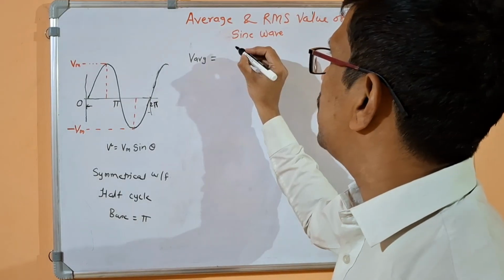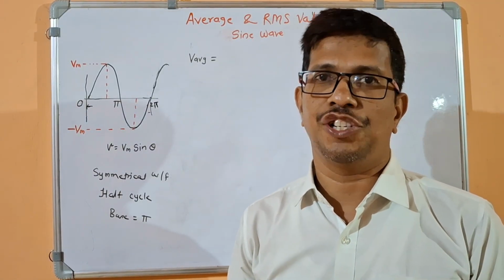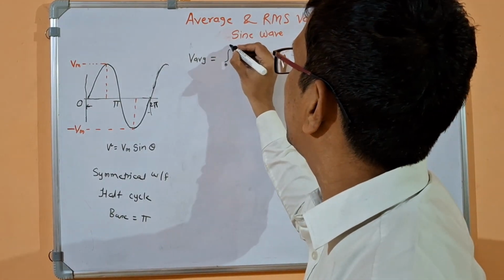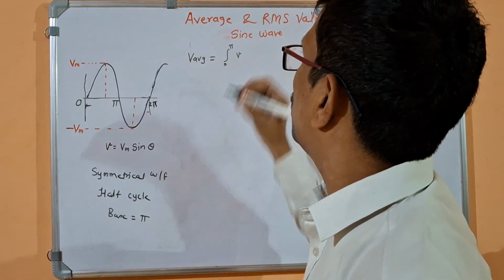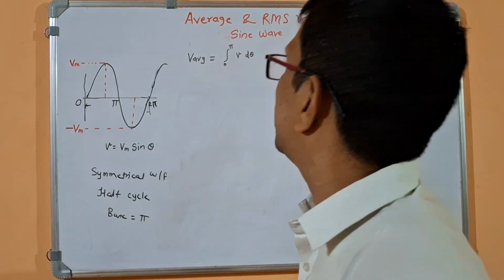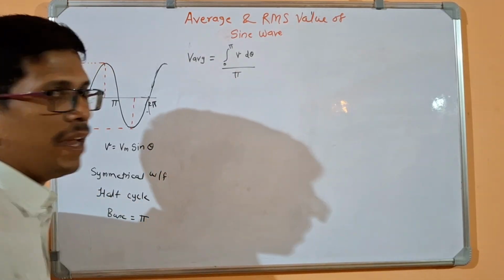Therefore V average will be area. How to find area? By using mathematical integration. So from 0 to pi we have to integrate this voltage equation v d theta, divided by base, so it is pi.